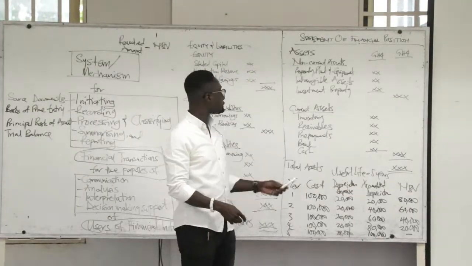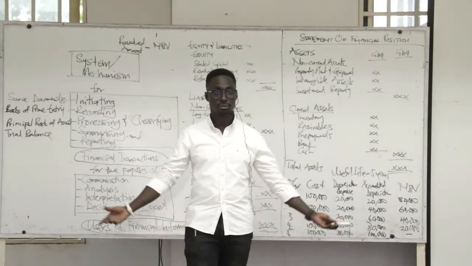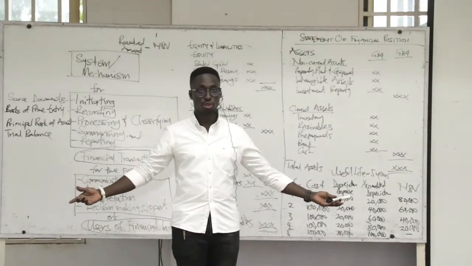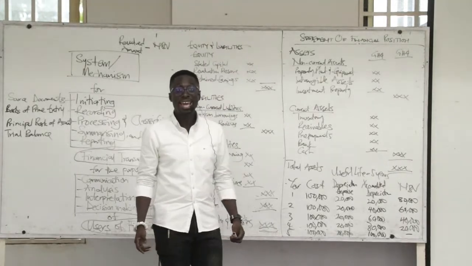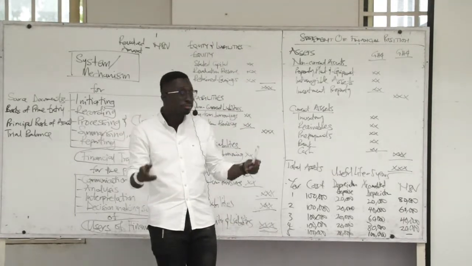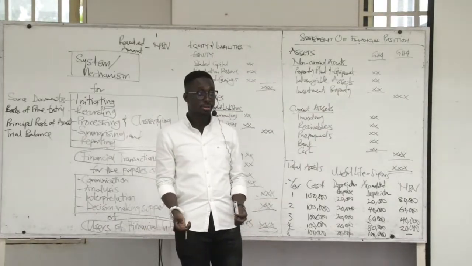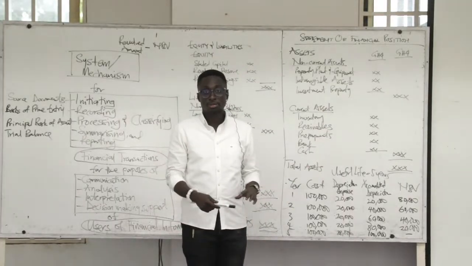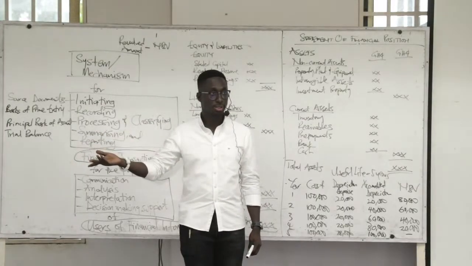So you are not likely to even have inventory. You get that? You could be a trading company. You are not likely to have investment property. Because most of the time, investment property are for those who are into rental businesses.